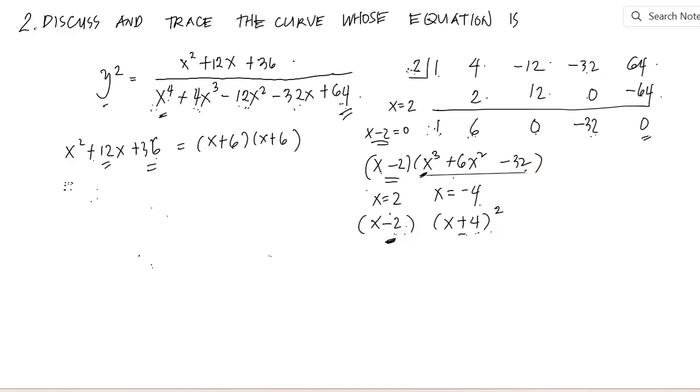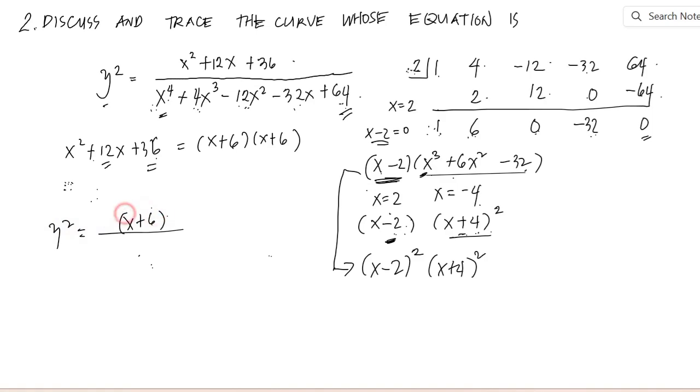So this is what we are looking for. Our final factors are x minus 2 squared and x plus 4 squared. Simplifying, for the numerator we have x plus 6 squared, because we have two factors for x plus 6. And for the denominator, we have x minus 2 squared and x plus 4 squared.